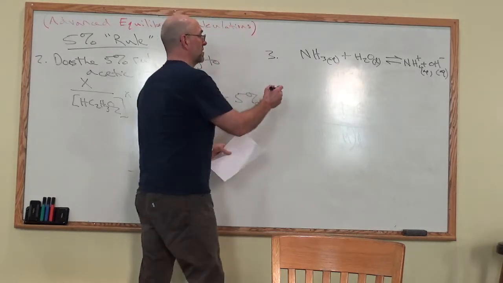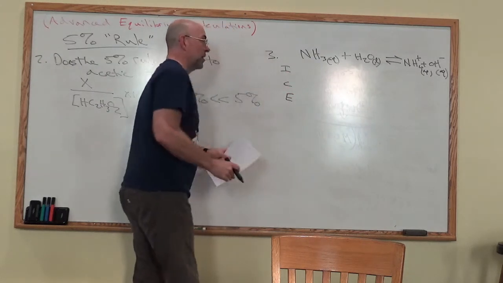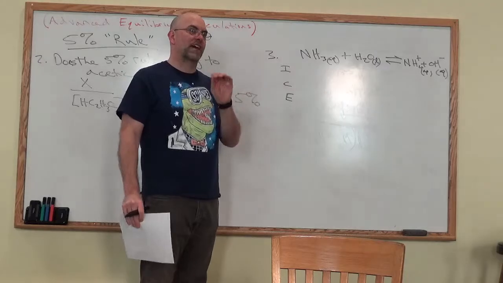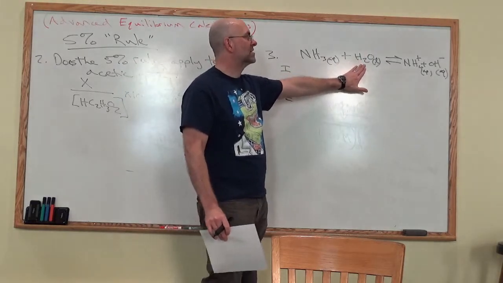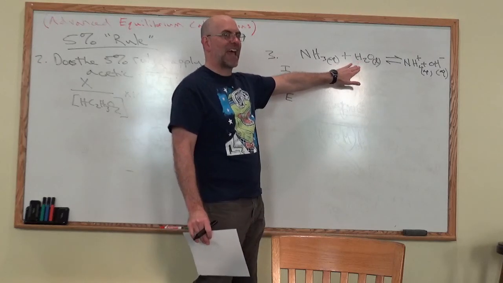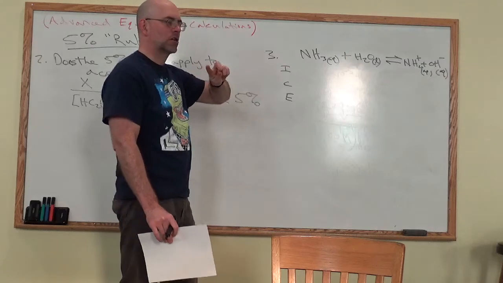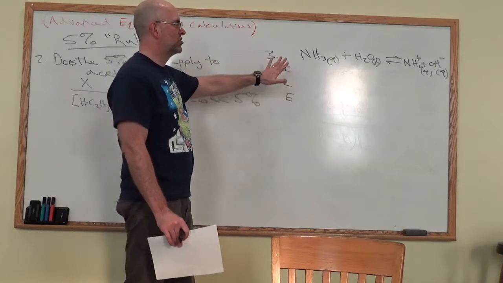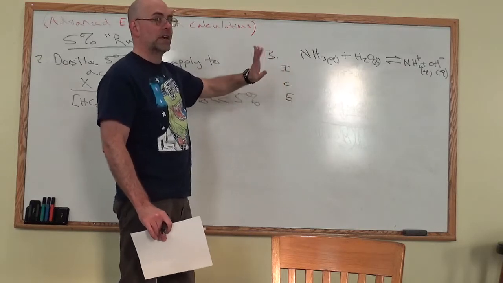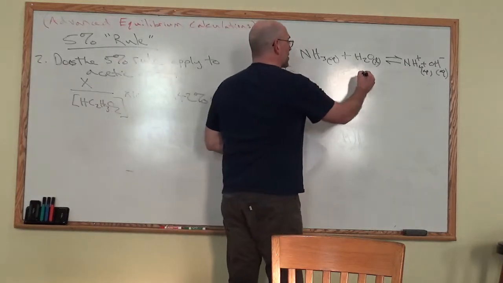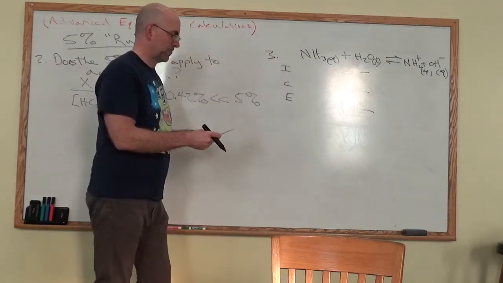When we set up the ICE table, we only use those parts that are in the homogeneous equilibrium. Water, yes, it's a reactant, but we don't include it in the K expression. That'll be more obvious next chapter, just so you don't always write every single chemical into your K expression. So we actually ignore the water in this case.